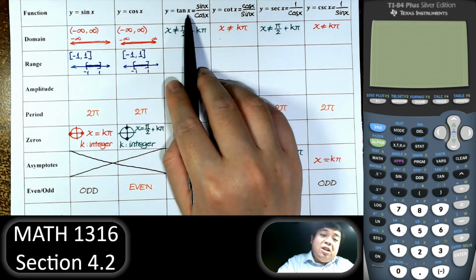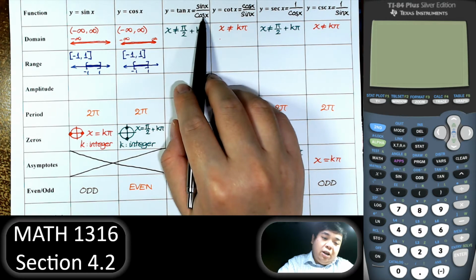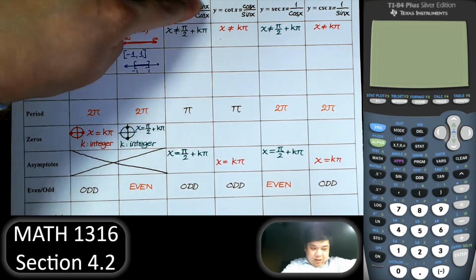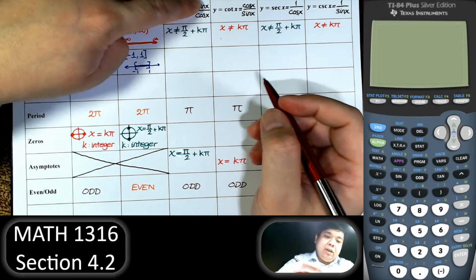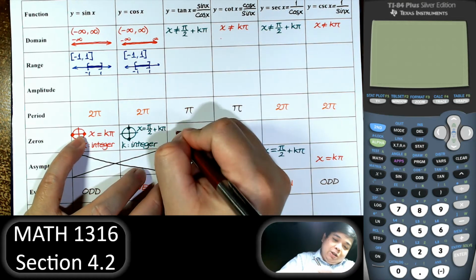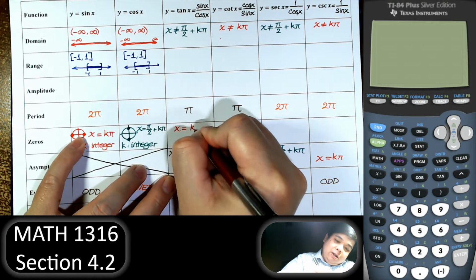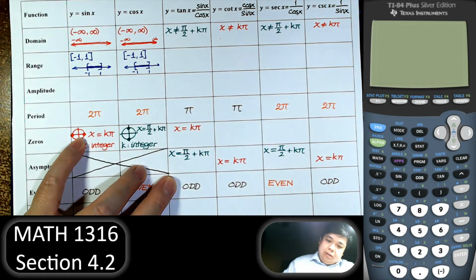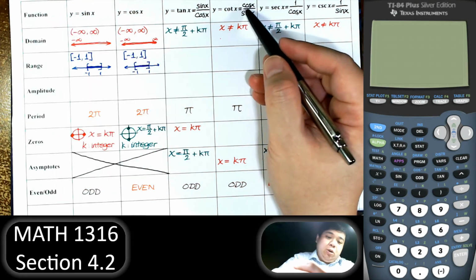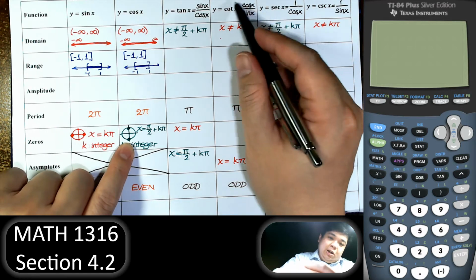Now, tangent is sine over cosine. So when the top equal to 0, the function equal to 0. So when sine equal to 0, we have x equal to k pi. And here, for cotangent, when cosine, the top, equal to 0, cotangent equal to 0.